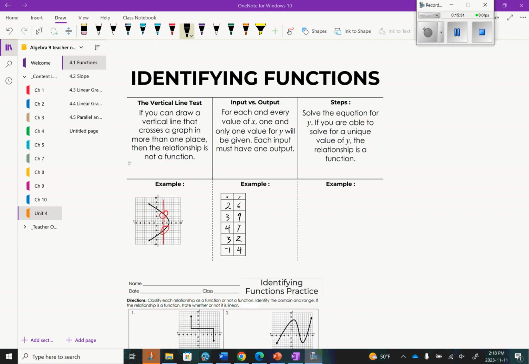We're going to compare input and output. Now again, all of the tables that you've seen so far are horizontal. We could just as easily put them vertically here. We're looking for one value of x having only one value for y.